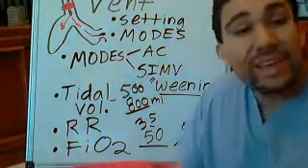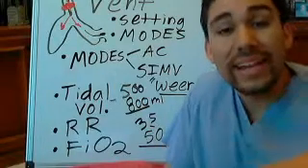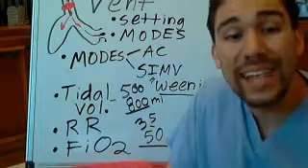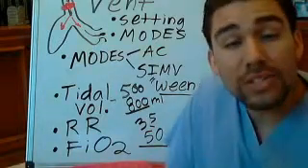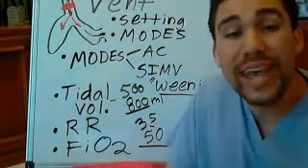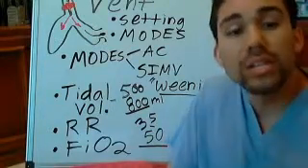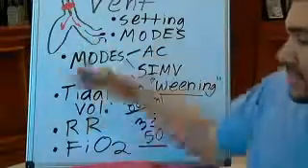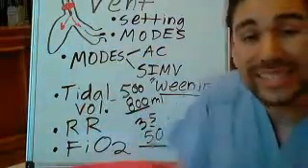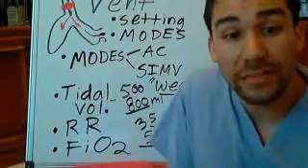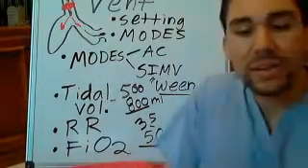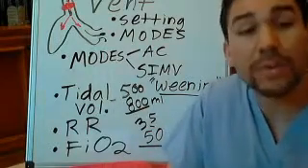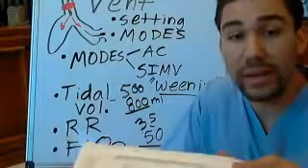If your patient's not compensating and not getting a lot of oxygen, we can bump it up to, let's say, 75, even close to 100% FiO2. So the main things to remember here is that you have different modes as well as different settings for your patient on the vent.